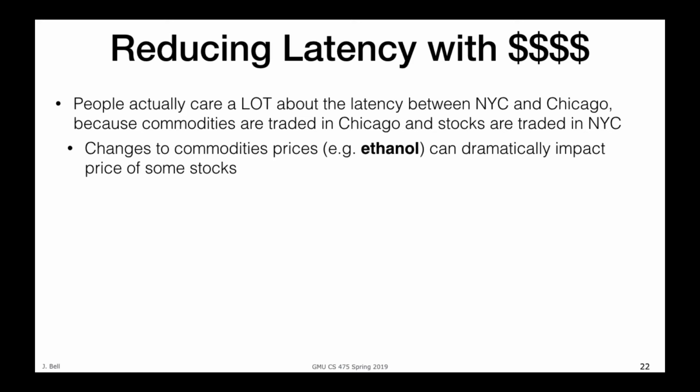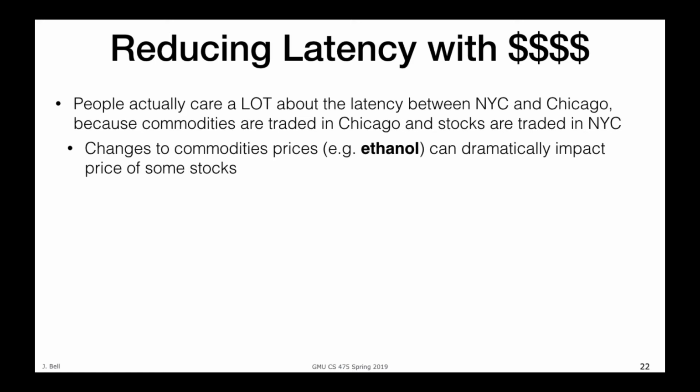So it turns out that people actually care a lot specifically about this link between New York and Chicago, because lots of commodities like frozen concentrated orange juice and pork bellies are traded in Chicago, but stocks are traded in New York. And changes to commodity prices like ethanol might dramatically impact the price of stocks.